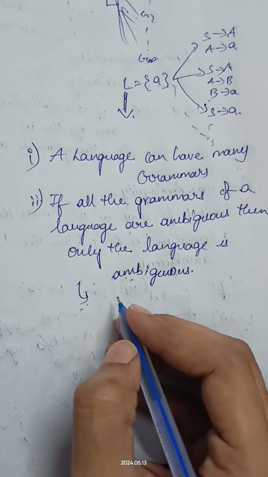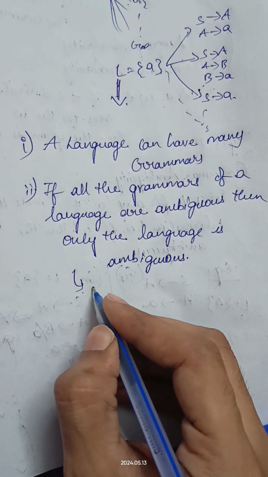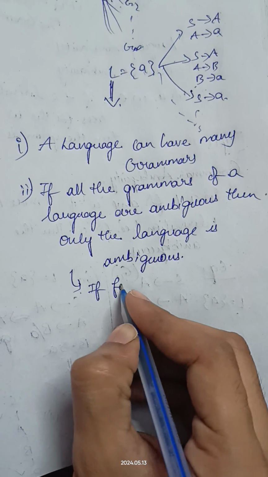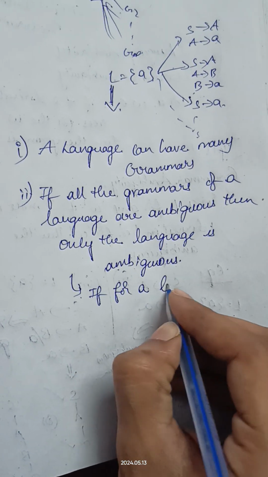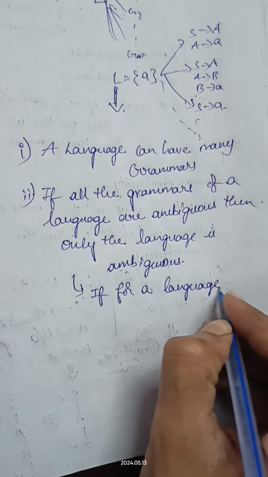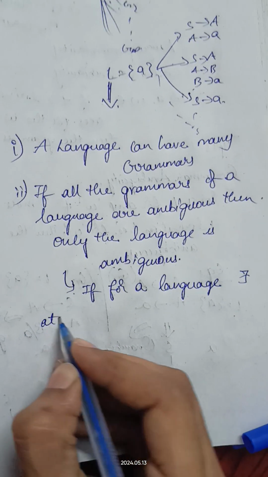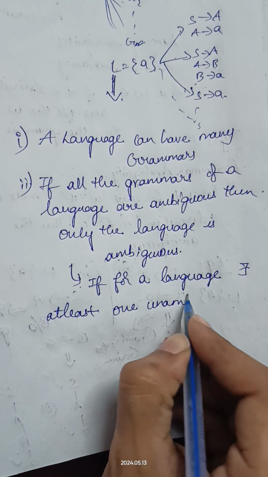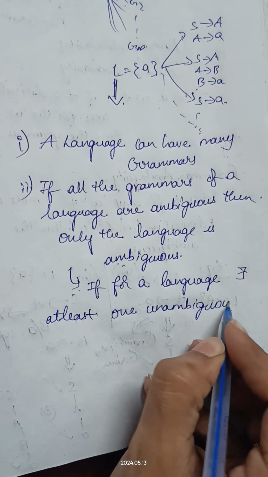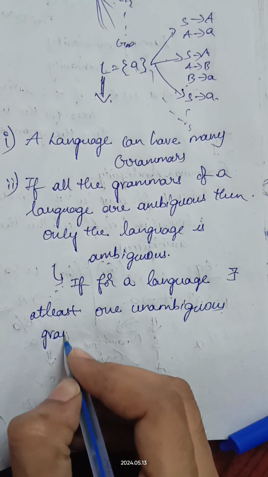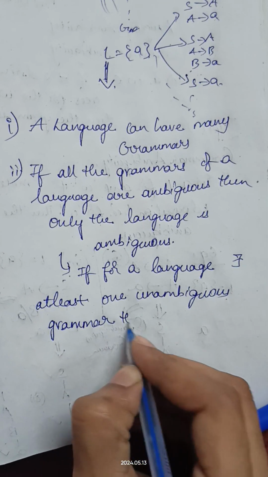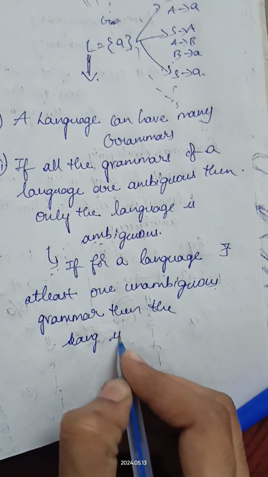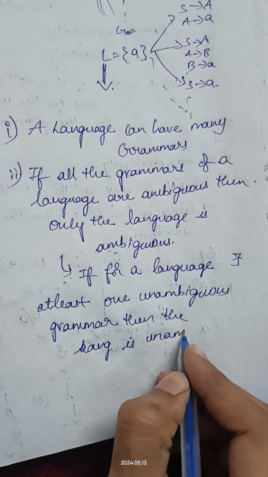In converse to this point, there is one more point: if for a language there exists at least one unambiguous grammar, then the language is said to be unambiguous.